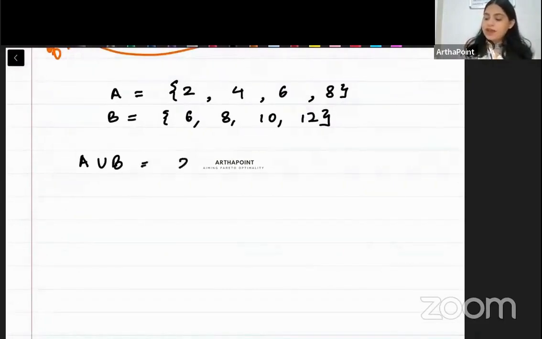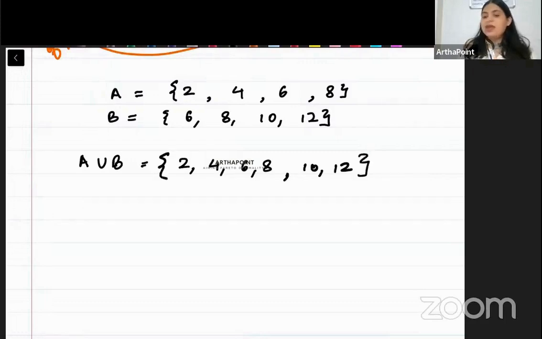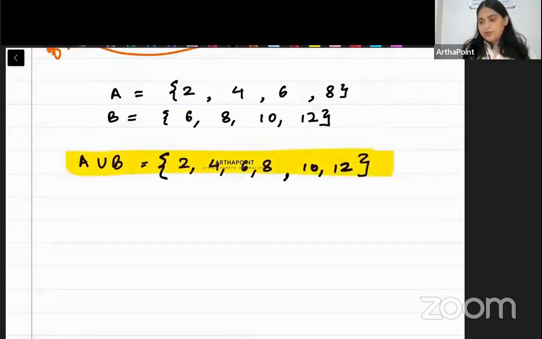So what is coming in A? 2, 4, 6 and 8 are coming. What is coming in B? 6, 8 we have already taken. So take 10 and take 12. So this will be A union B. So A union B means that you will take all elements of A and all elements of B, but no repetition. But let's name this A union B as C.